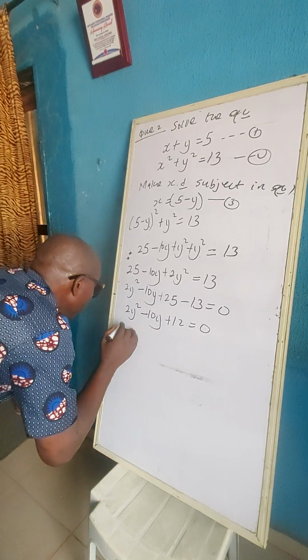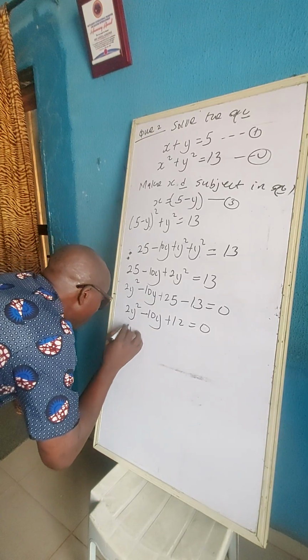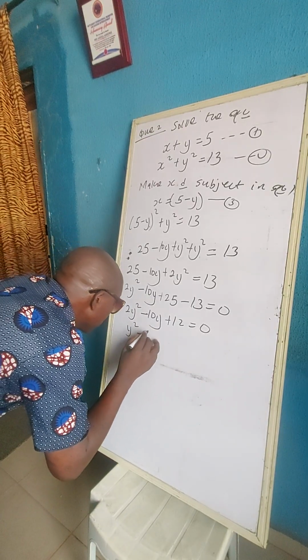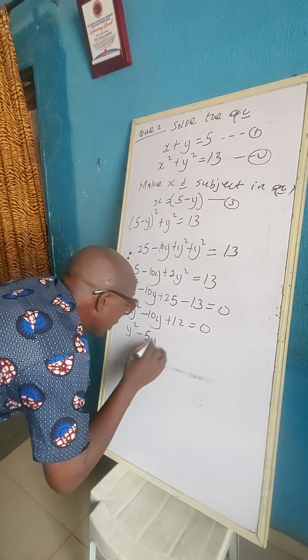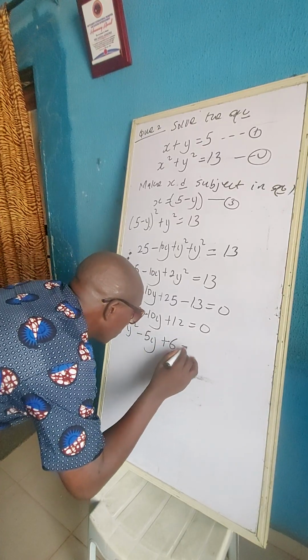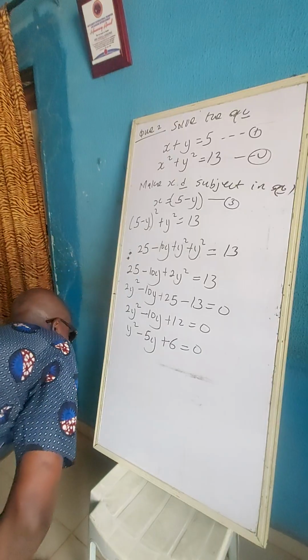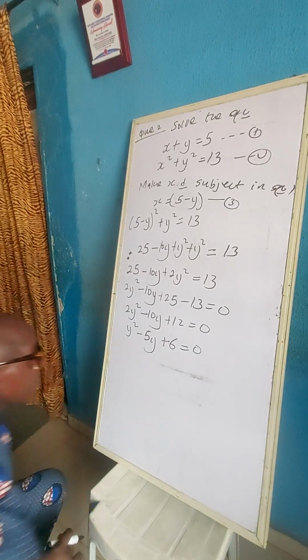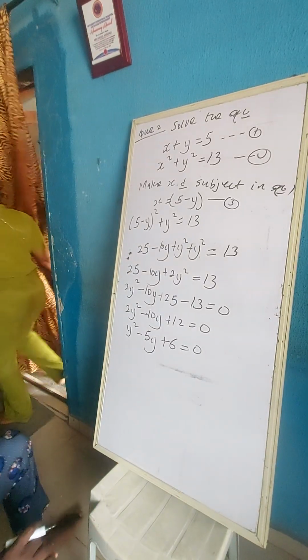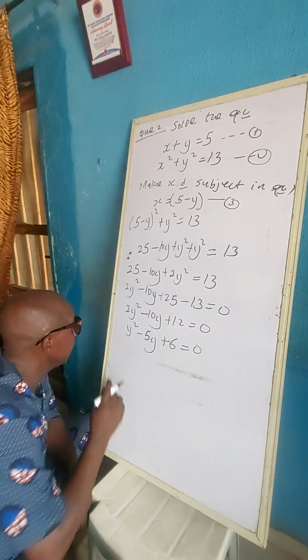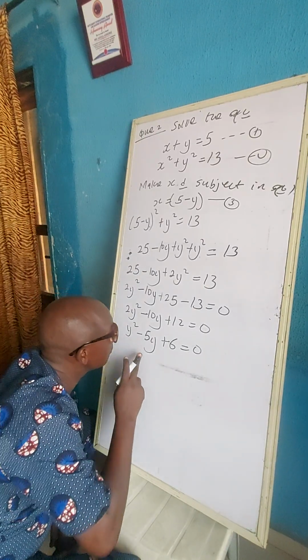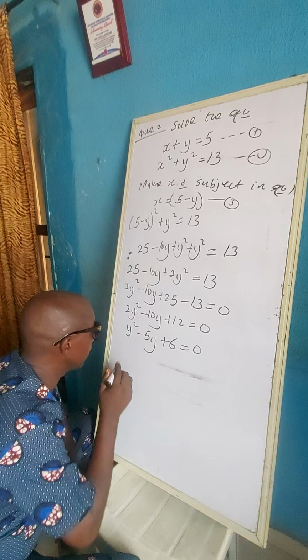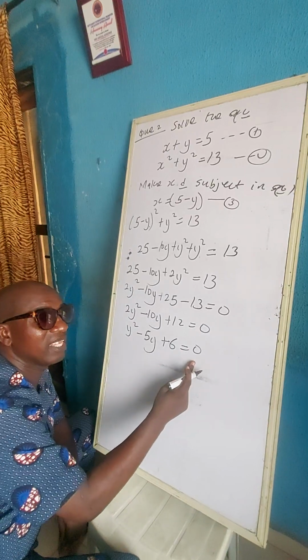Divide by 2: y squared minus 5y plus 6 equal to 0. Then this has turned to a quadratic equation.